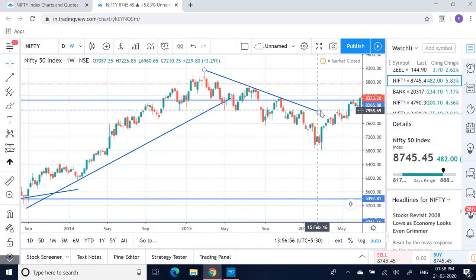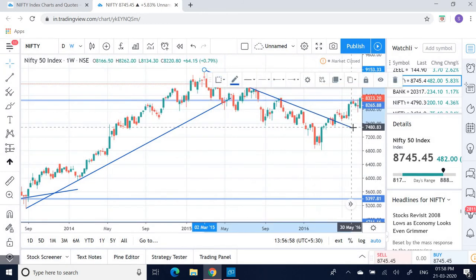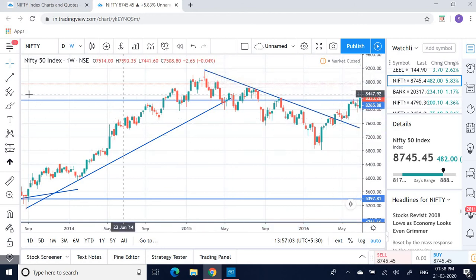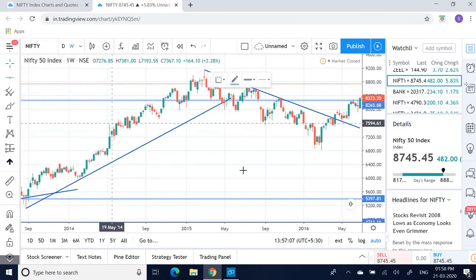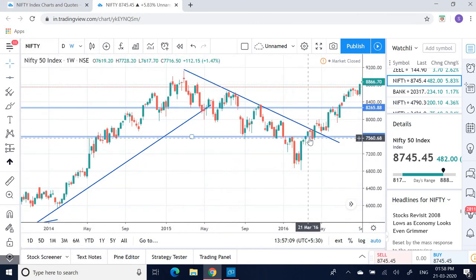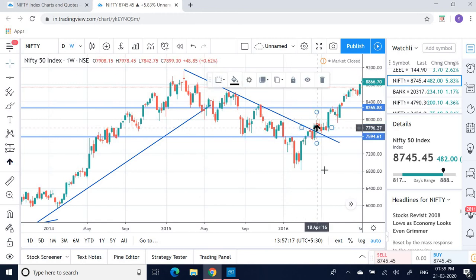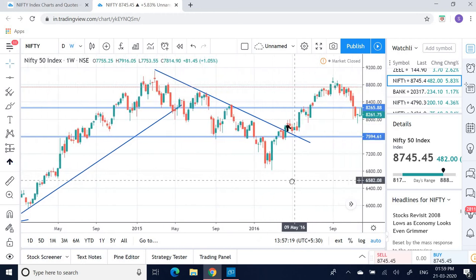How effective it is even for index investing, guys. Just look at the beauty over here. Here, you enter again somewhere here. What, 7,700 something. And then again you are long.